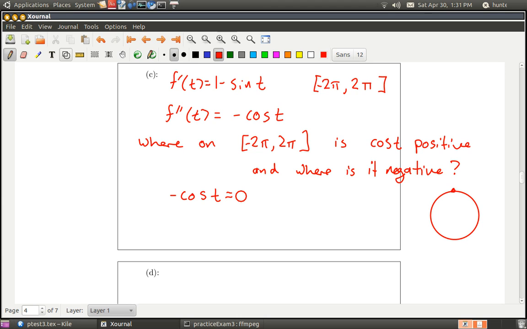Well, cosine likes to be 0 here at pi over 2, and it also likes to be 0 here at 3 pi over 2, because the axes are secretly here, and that is where the x-coordinate is 0, and so those are the solutions here. So we have t equals pi over 2, and also t equals 3 pi over 2.